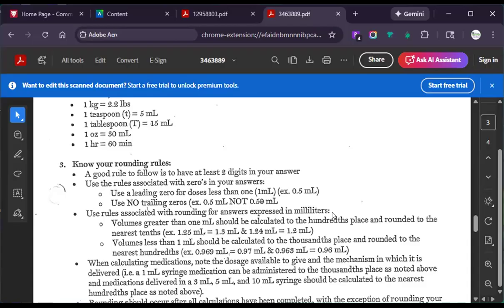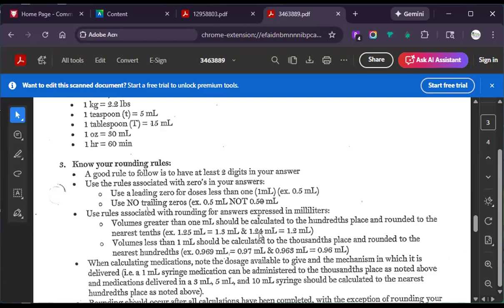So as an example, let's say you get an answer of 1.25 milliliters. Let's say this is a parenteral or liquid oral medication, and your final answer is 1.25 milliliters. Even though it ends there, they want you to round that to 1.3. Okay. So you look at the five. If it's five or greater, you're going to round up the number ahead. Okay.